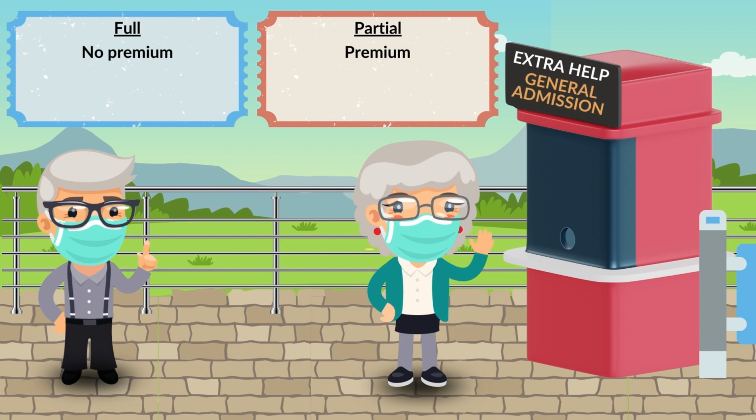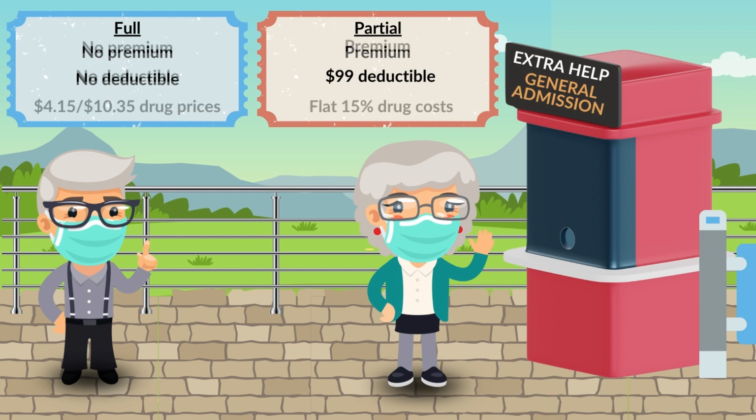A premium generally is paid by beneficiaries if they have a total income between 135 and 150% of the federal poverty line. Otherwise, there is not one. Those with full benefits will not have a deductible, while those with partial help will have a $99 deductible. Once enrolled, beneficiaries will enjoy caps on the cost for each prescription drug they need, which again are more precisely determined by resource level.